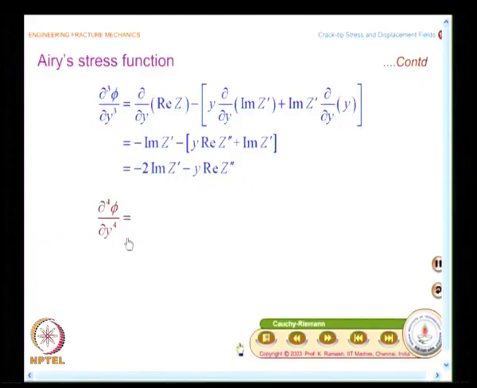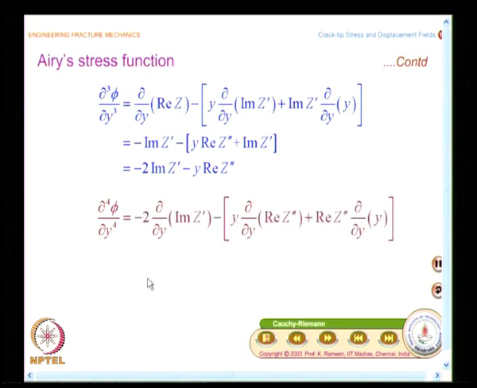Now, we evaluate ∂⁴φ/∂y⁴. So, that is nothing but minus 2 times ∂/∂y of the imaginary part of z prime minus y ∂/∂y of the real part of z double prime plus the real part of z double prime ∂/∂y of y.